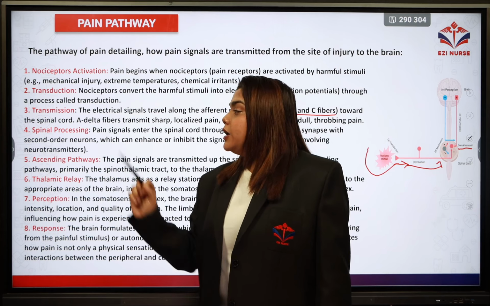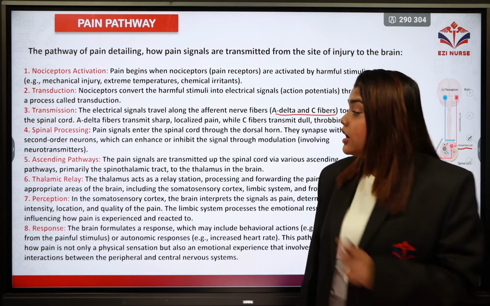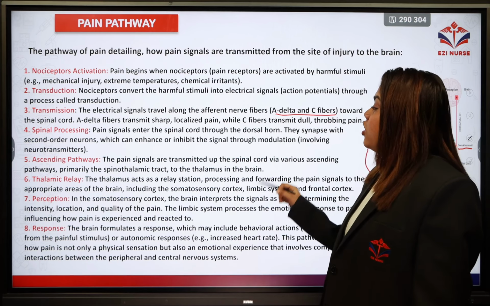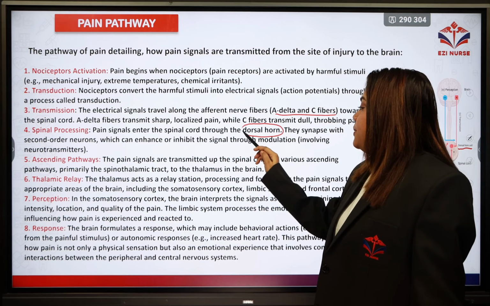Then we have spinal processing. Now the spinal cord has already received the electrical signal. The pain signals will enter the spinal cord through the dorsal horn. This is very important.